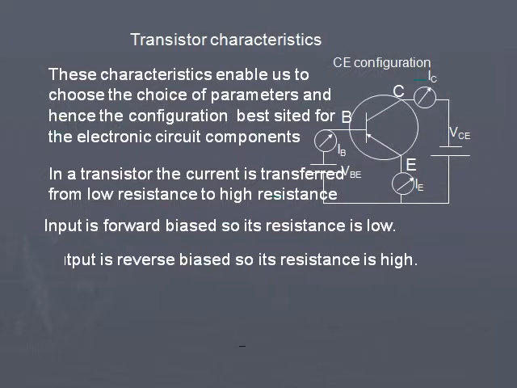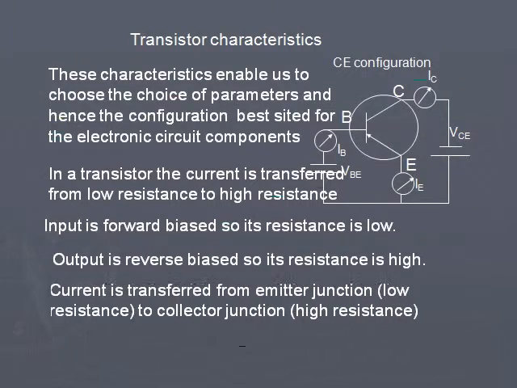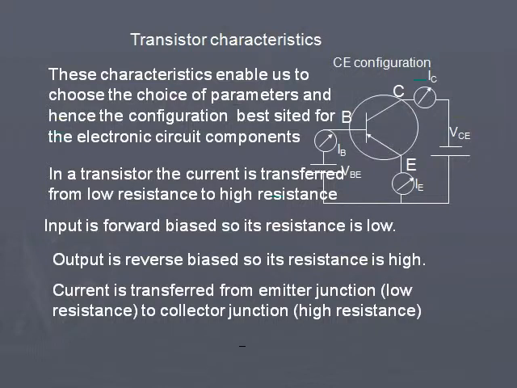In a transistor, the current is transferred from low resistance to high resistance. Input junction is always forward biased, so its resistance is low, and the signal will be given in the base circuit.